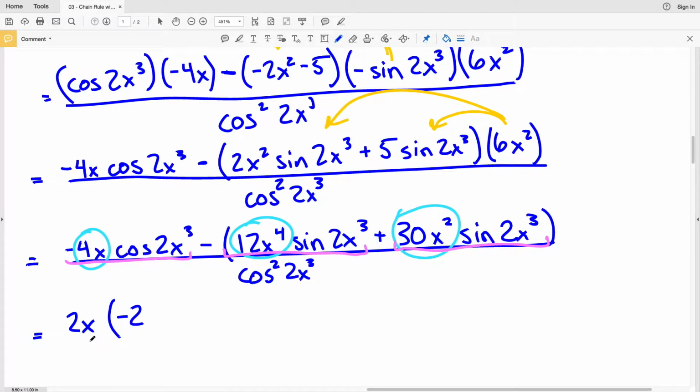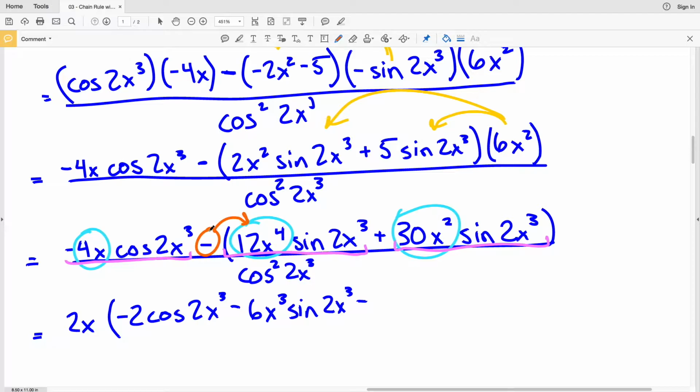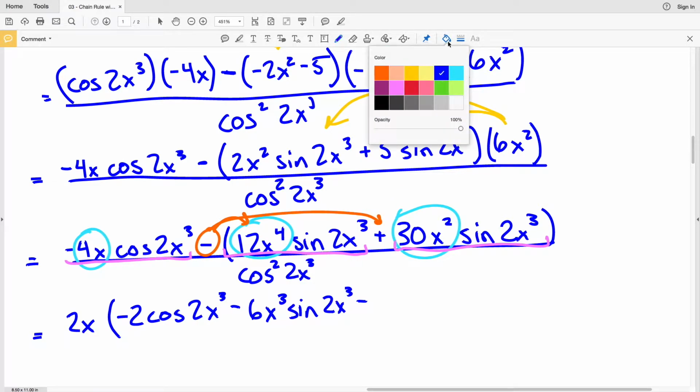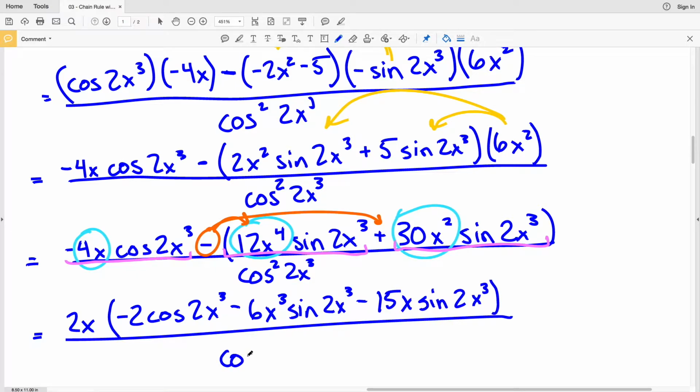So negative 4x divided by 2x is negative 2, so that's negative 2 times the cosine of 2x cubed minus 12x to the fourth divided by 2x, which is 6x cubed, and that's multiplied by the sine of 2x cubed. And then I'm also going to subtract my next term, because remember, my subtraction is applied to that entire quantity. So I'll be subtracting 30x squared divided by 2x, which is 15x times the sine of 2x cubed, and that's all over the cosine of 2x cubed squared.